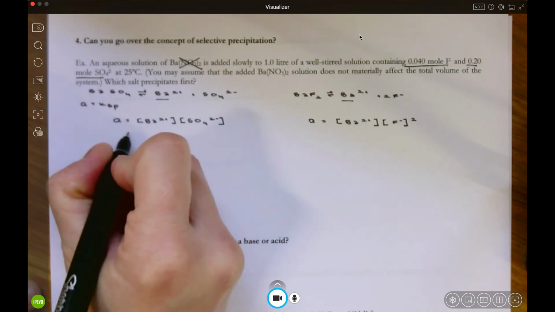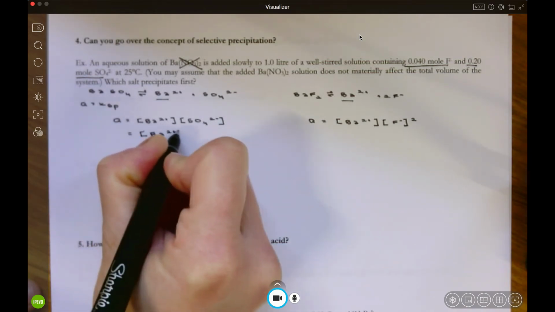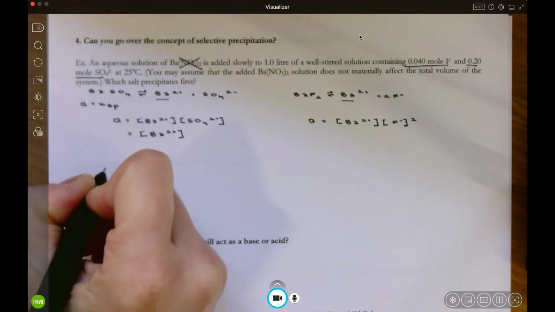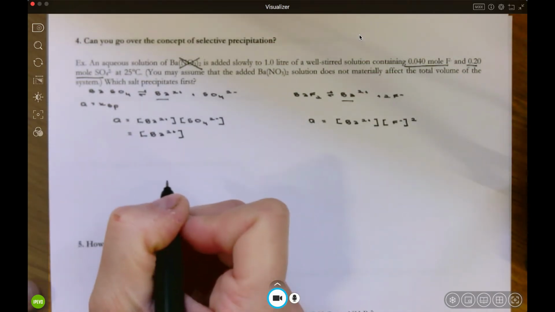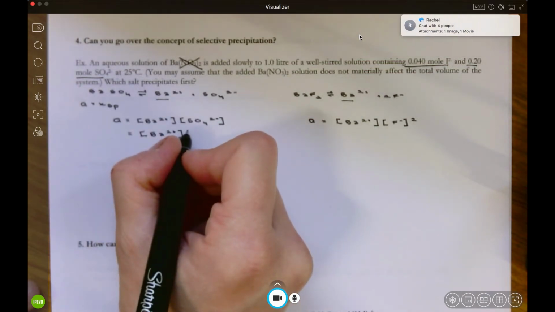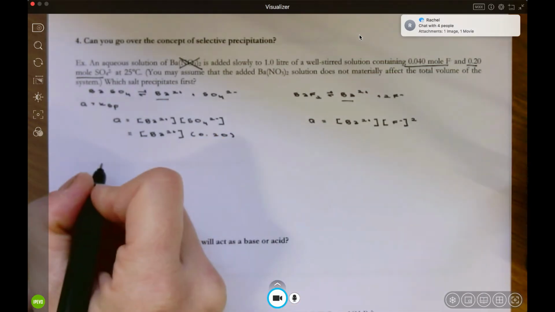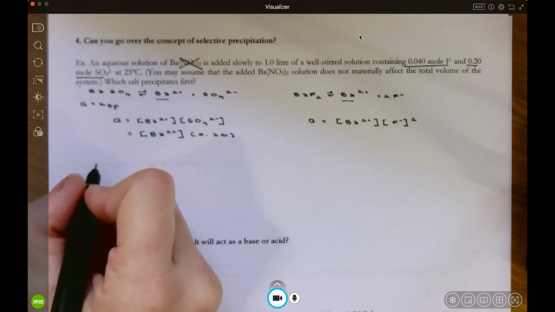So I'm trying to solve for whatever concentration of barium would be needed for my Q to equal my KSP. So I'm going to just plug in Ba2+ right there. And then I know my concentration of sulfate that I have. It's 0.20. Well, what is my KSP value for barium sulfate?